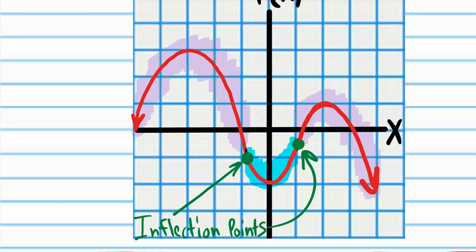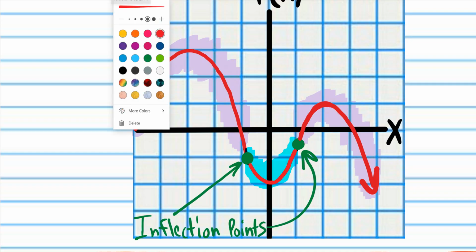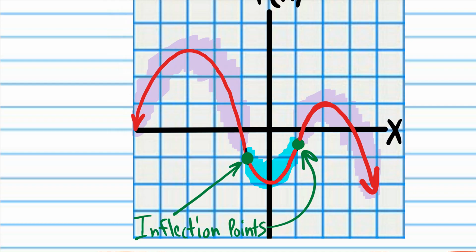Now, why is the purple part concave down and the blue part concave up? Well, if you were going to carve out a shape like this, you would probably have to be standing below the graph. So because you're below the graph, that might be one reason to call it concave down, even though you'd be carving up.